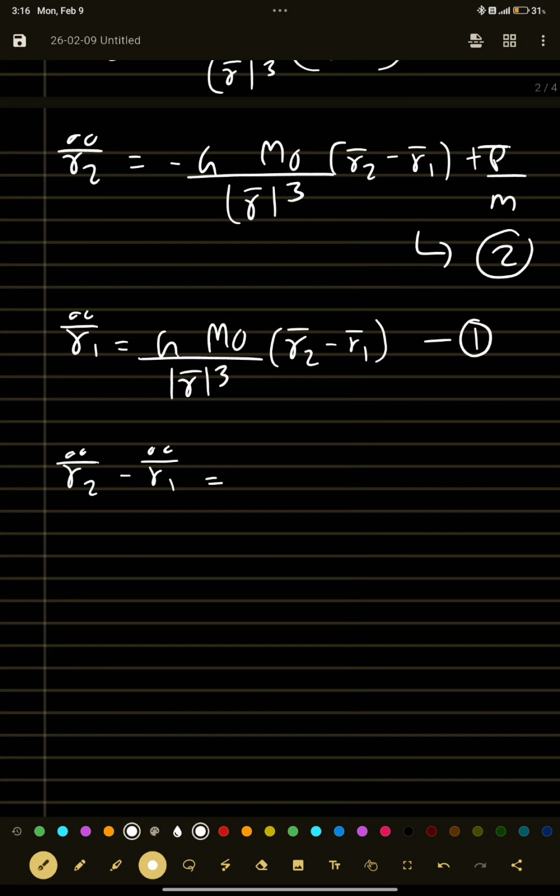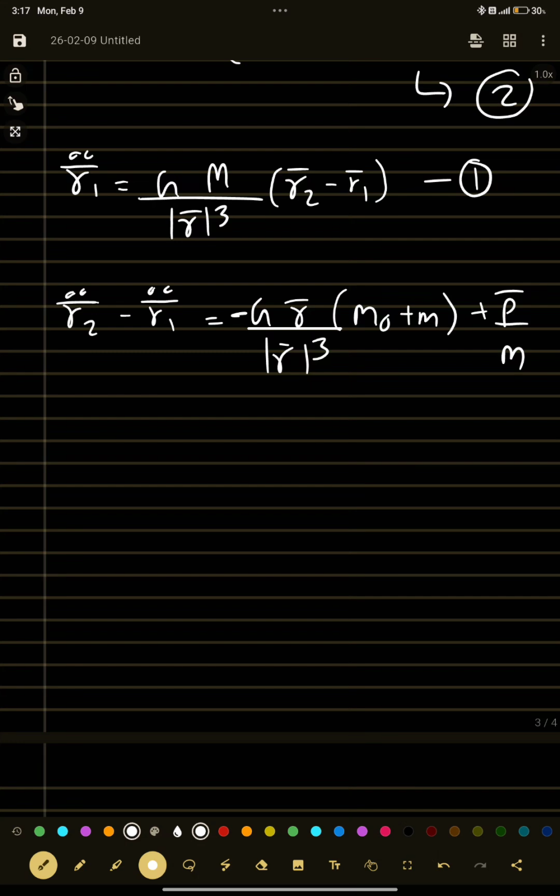R2 minus R1 I can rewrite as R. So I can write G, R vector, and if you do the math here you get minus M naught plus M. So what it comes out to be is, this is the equation of the perturbed two-body problem.